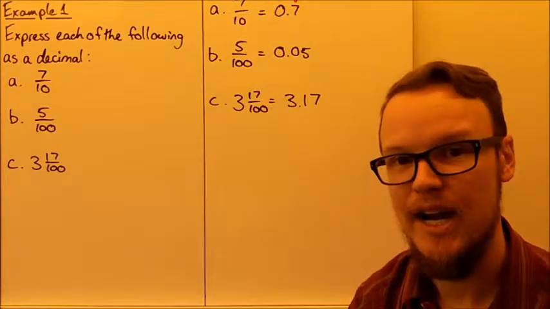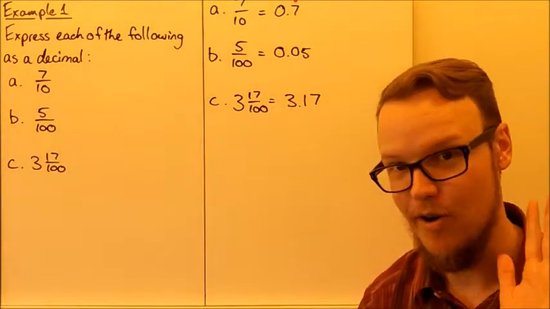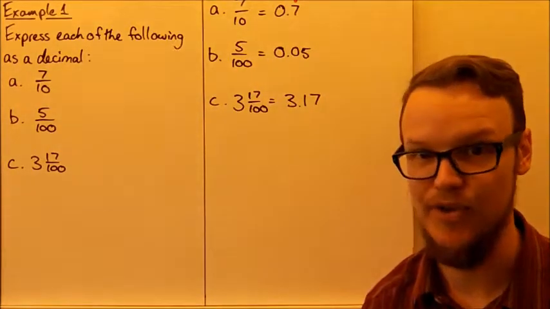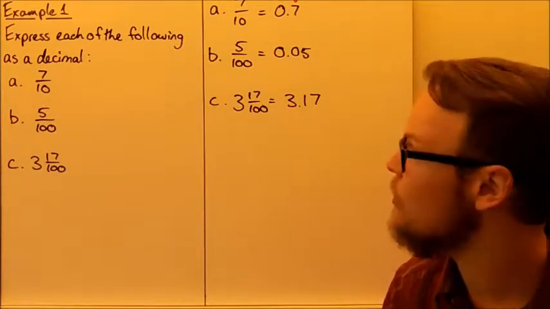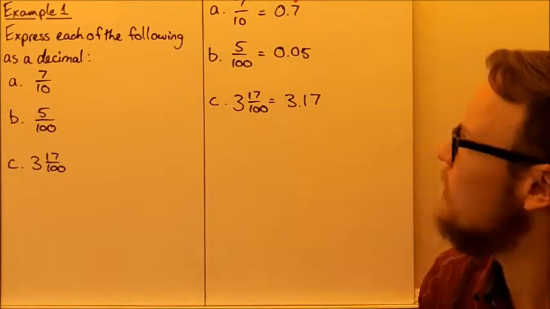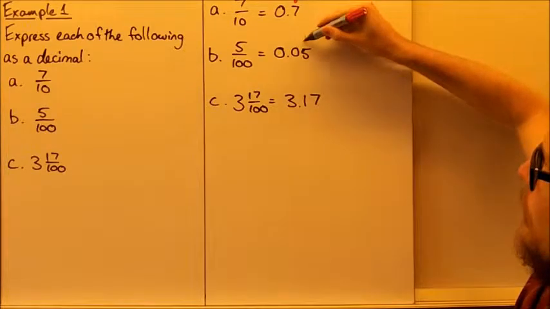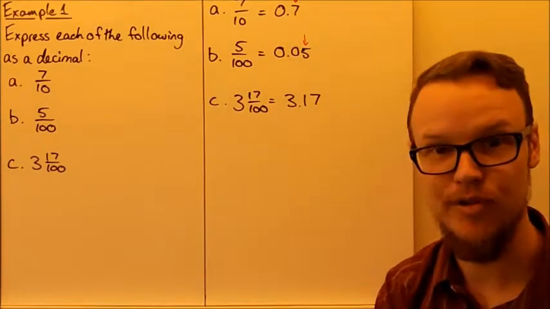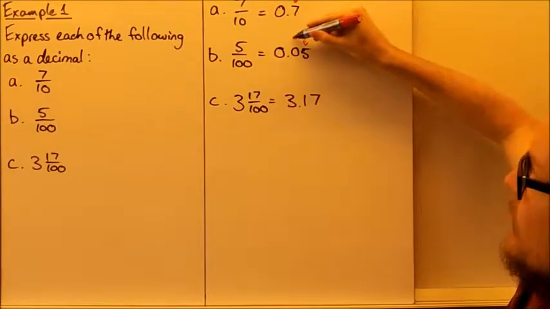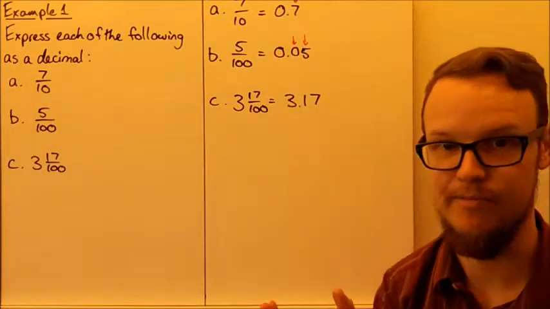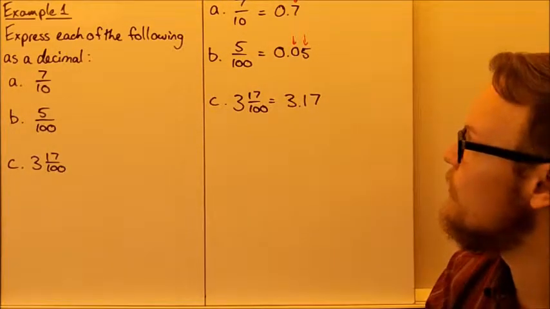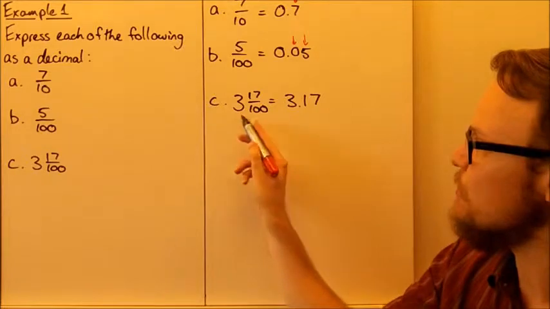For 5 hundredths, we've just got 5 in the hundredths column. There's nothing in the tenths column, no whole numbers, so we just have a 5 in the hundredths column. We need a 0 here for the tenths column. Okay, so 0.05 there.